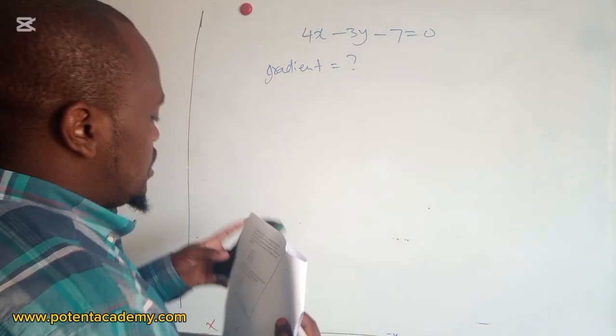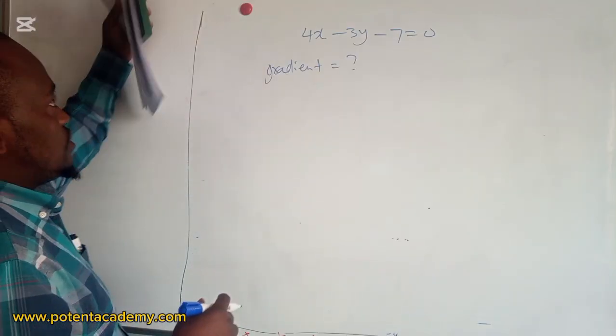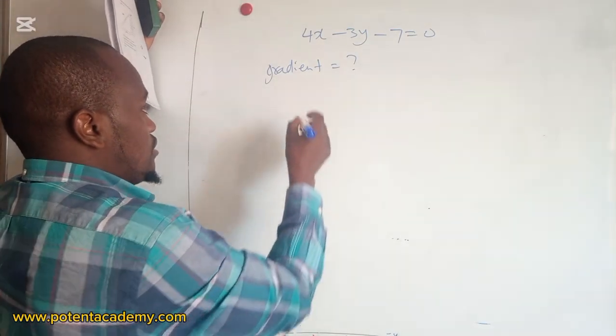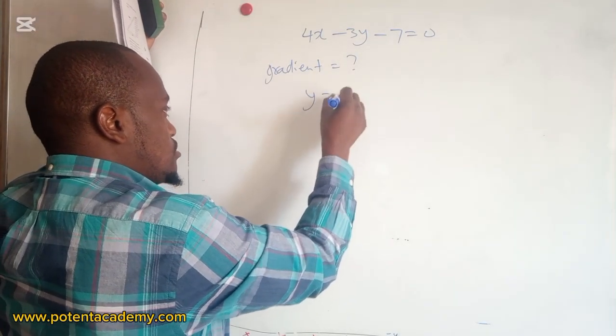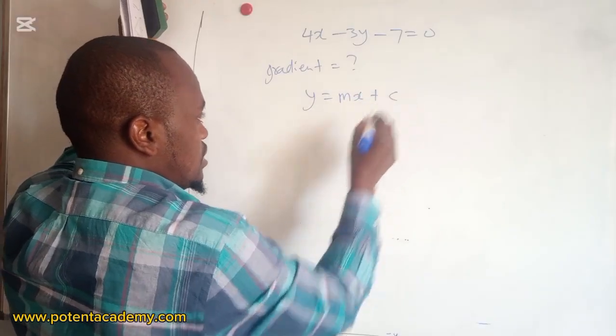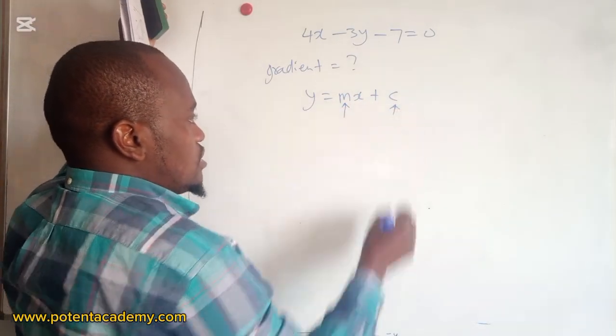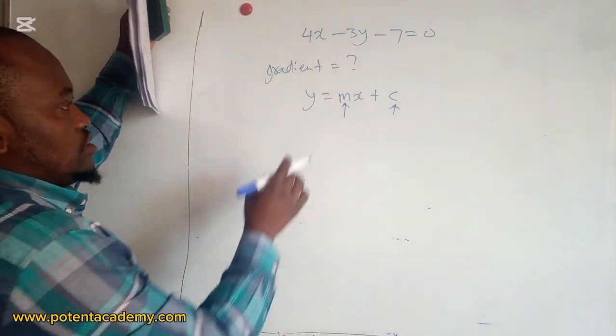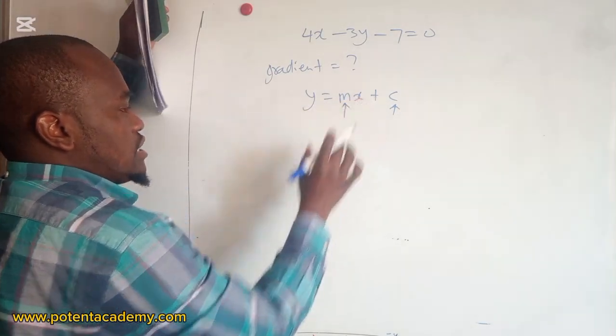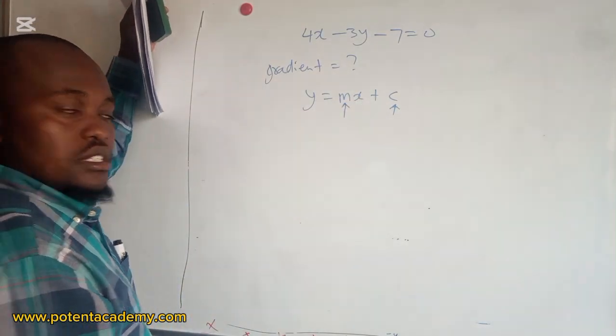When you are given such an equation of a straight line, and you are asked for the gradient, you need to rearrange the equation in the form y equals mx plus c, where m and c are constants, are numbers, so you have only y and x as variables or unknowns.